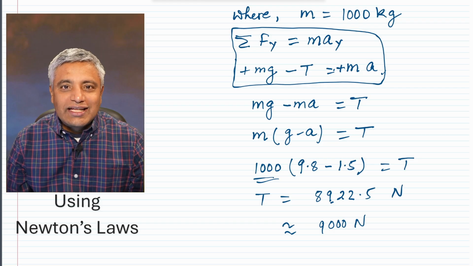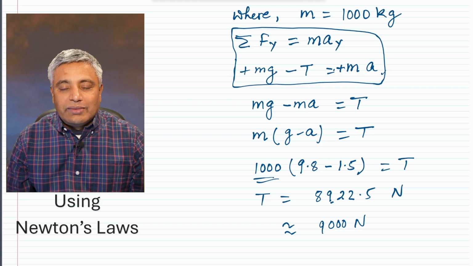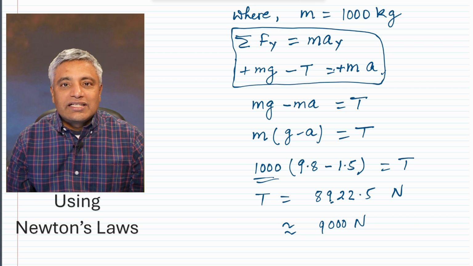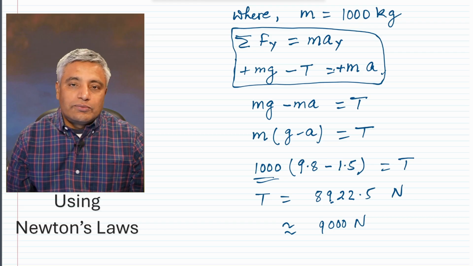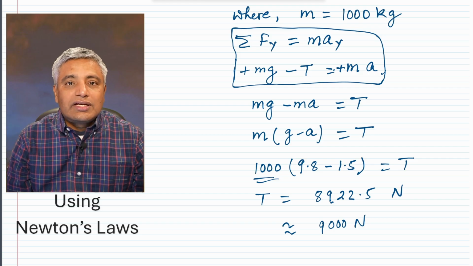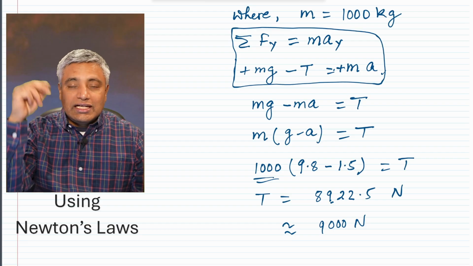Okay, folks, so that's how we use Newton's law in the vertical direction. And by the way, we talked about weightlessness of an object. So an object feels weightlessness whenever it is in free fall. For example, people in the International Space Station are in free fall all the time.